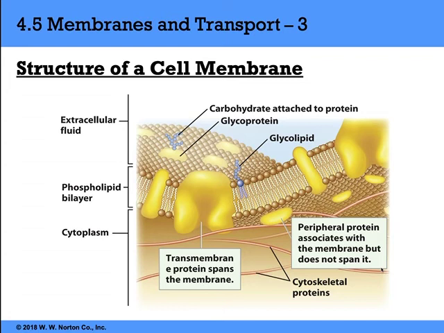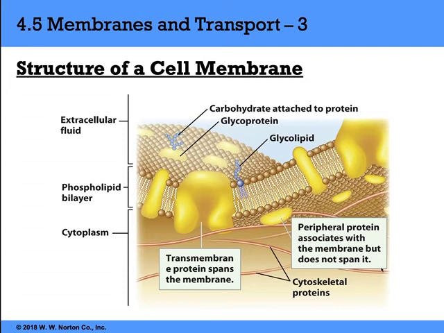The proteins that are on either side are called peripheral proteins. The proteins that go all the way through are called integral proteins. The purpose of the integral proteins is usually to serve as a gate, a channel, or a pump, or sometimes a receptor.